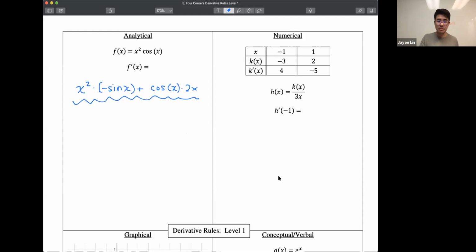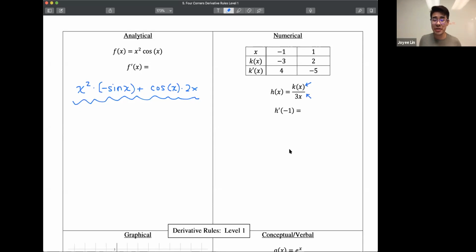All right, how do we approach part 2? We have this one on the right side, the numerical side. What do we do there? Obviously we have a quotient here, on top and on bottom.